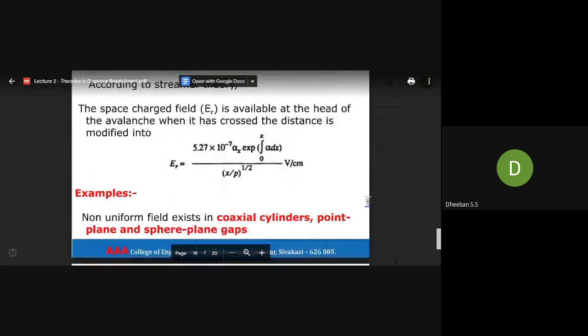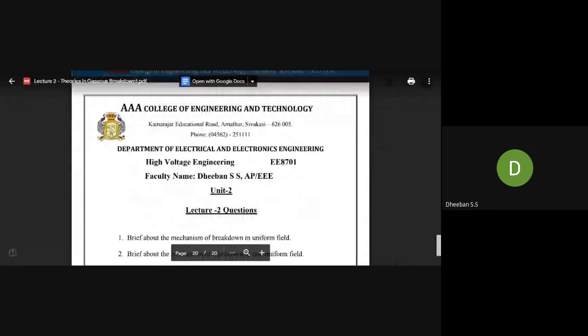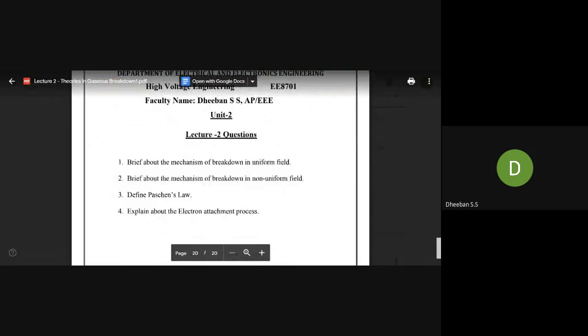From this, a possible question they'll be asking is about the mechanism of breakdown in uniform field, which refers to your Townsend's theory, followed by the mechanism of breakdown in your non-uniform field, which refers to your streamer theory.